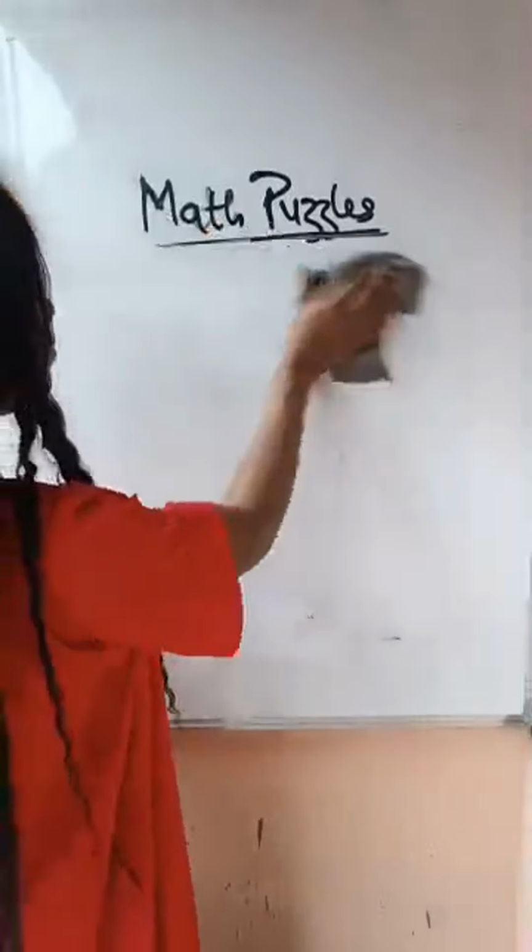Now the question says, how can you take 2 from 5 and have 4? How can you take 2 from 5 and have 4?